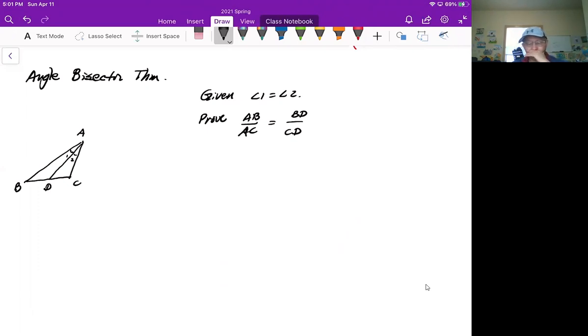So let's see why. Give everyone a minute. This is just a preparation for my next problem. So this problem does not need the PowerPoint. It's just a regular geometry problem.